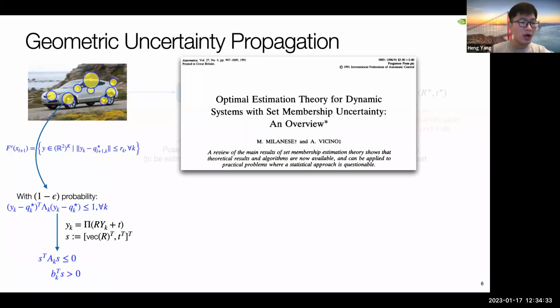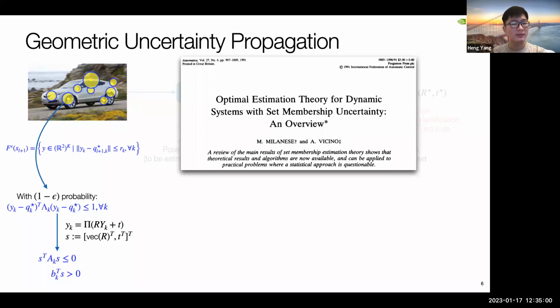So we can rewrite this inequality constraint now as a quadratic constraint on my model S. And then you have this AK, this is a 12 by 12 symmetric matrix that is not necessarily positive semi-definite or positive definite. These AK matrices will depend on your data. And then the BK transpose times S here is just a linear inequality constraint that enforces the 3D key point to be in front of the camera.